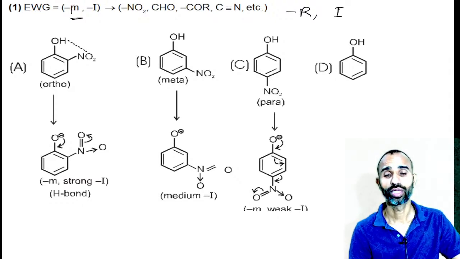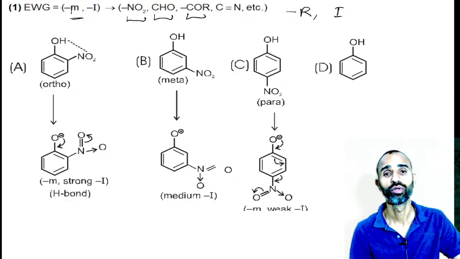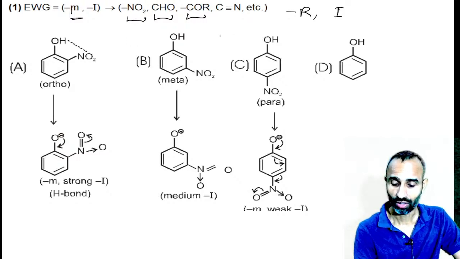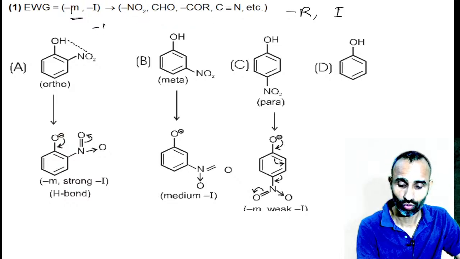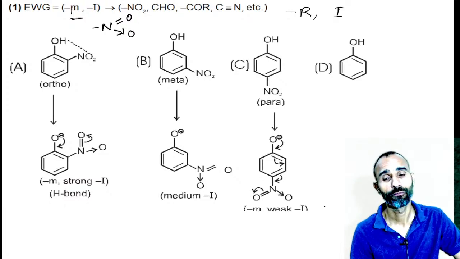So in these cases, there are NO2 group, CHO group, C double bond O (COR), or CN. In NO2 we have a nitrogen oxygen pi bond.